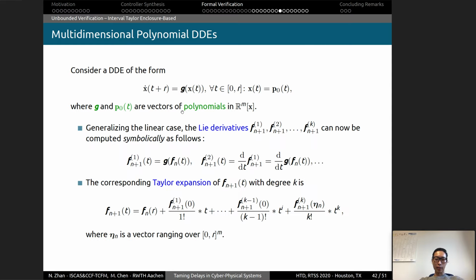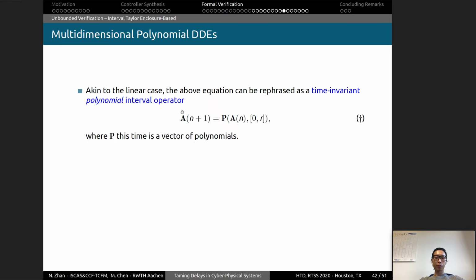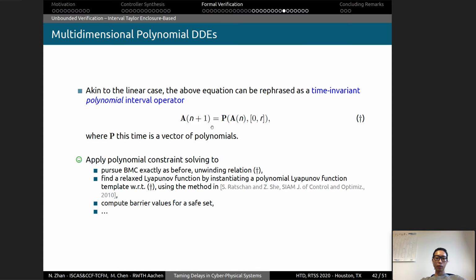And all those listed here are basically similar to what you have seen by this simple example, so I will skip here. Again, in the multi-dimensional case, we have a multi-dimensional linear operator here. So we can use the same group of techniques.